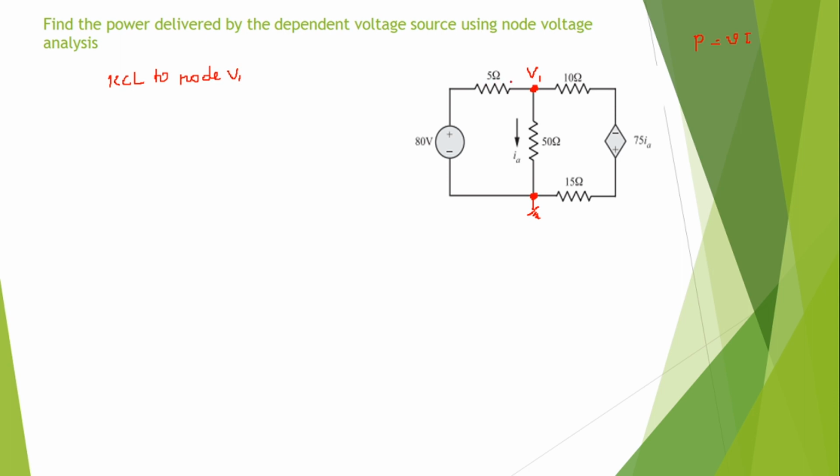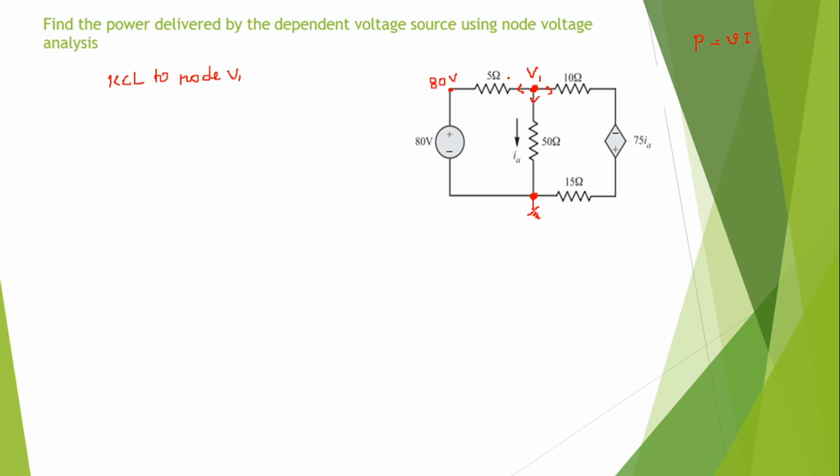By applying KCL to node V1, I assume all the currents are flowing out of the node. What is the current in this branch? It is the potential across this. What is the potential at this point? From the reference, trace a path. While tracing a path from the reference, it is minus to plus, voltage rising, so this point is 80 volt.